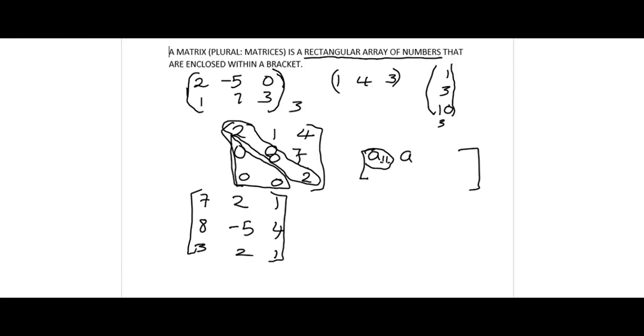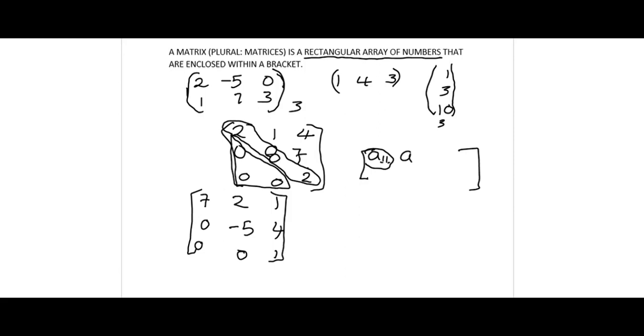Of course, we know that this is the principal diagonal. So if we want to have a triangular matrix, we'll manipulate this matrix in such a way that these numbers beneath the principal diagonal will be 0, 0, 0, 0. So this is a triangular matrix, specifically called a lower triangular matrix.